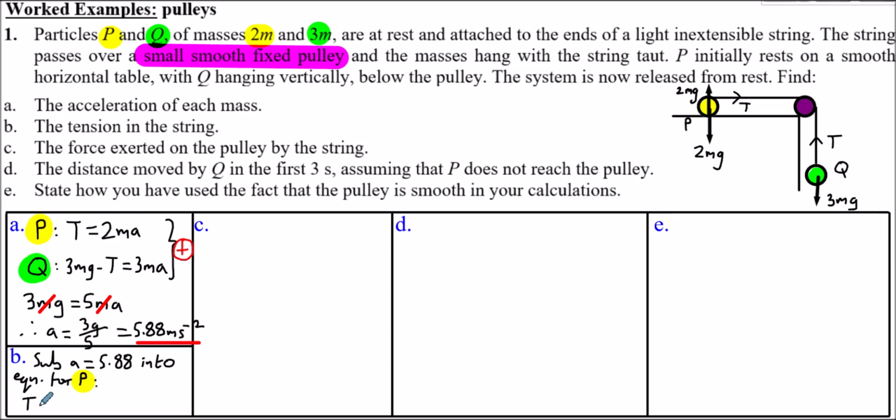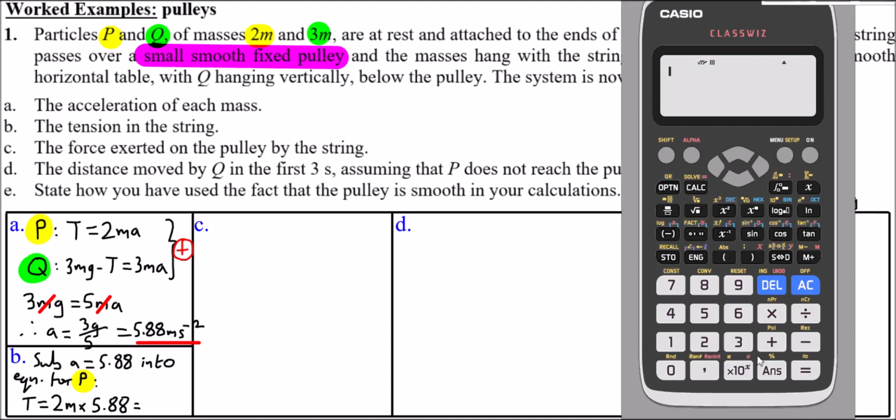So T equals 2m multiplied by 5.88, and that's going to give us the answer times 2, essentially. To 3 significant figures, 11.8m.